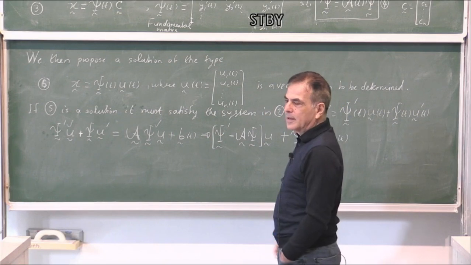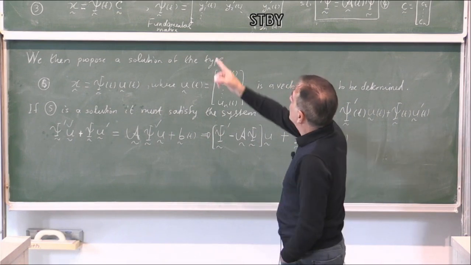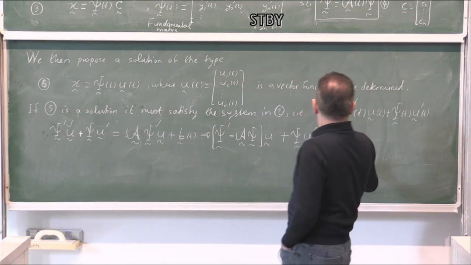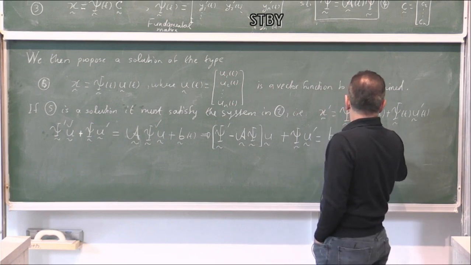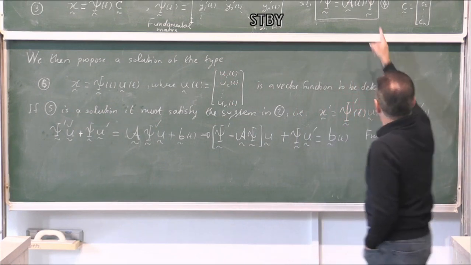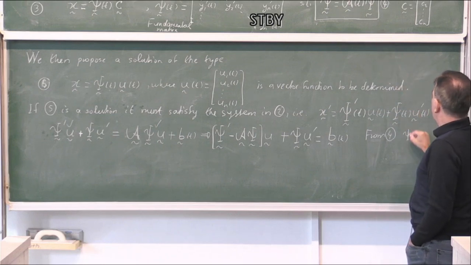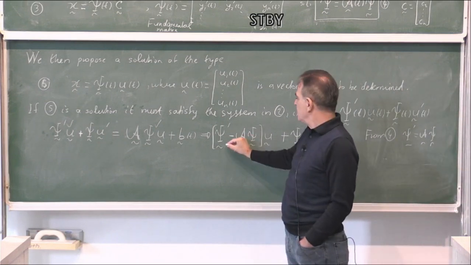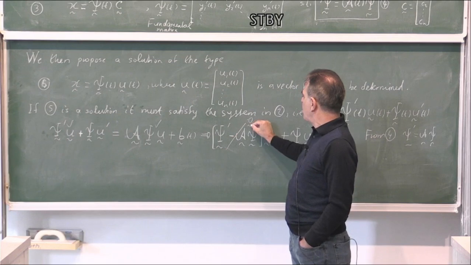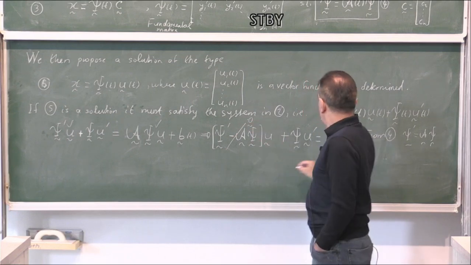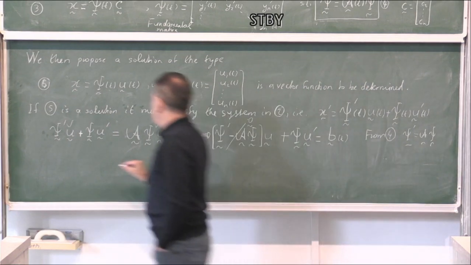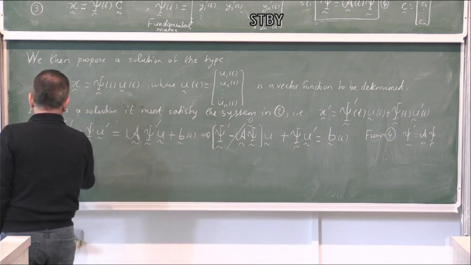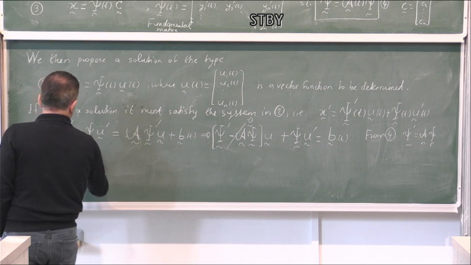Good? I say that from 4, psi prime is A psi. So this is the 0 matrix. So this term vanishes, and it gives us that psi u prime must be b of t.